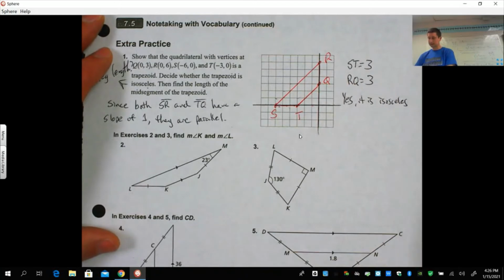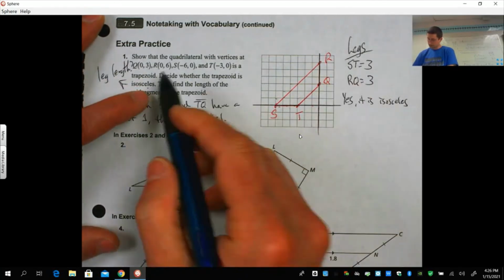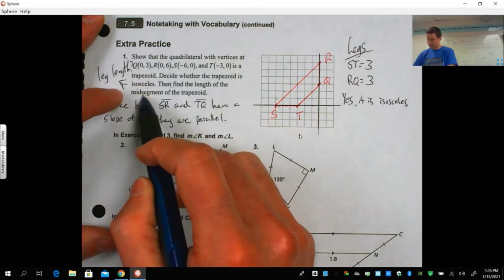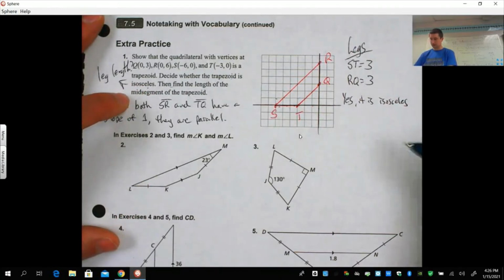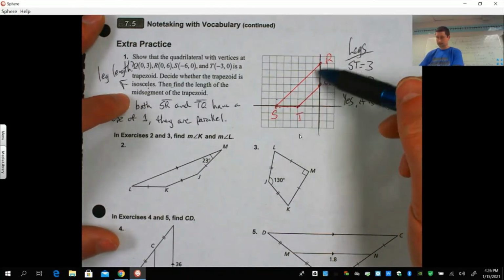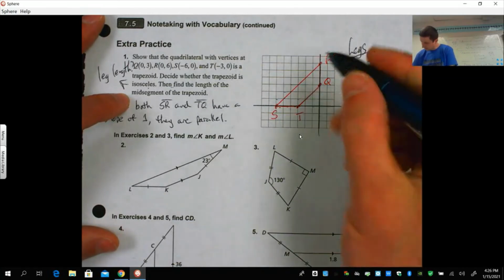So yes, it is isosceles. Isosceles, we're looking at the legs there. Then find the length of the midsegment of the trapezoid. Now we can use our formula to find the length of the bases and then find the average of the two. That's going to create a little bit more work. Let's find the midpoints.